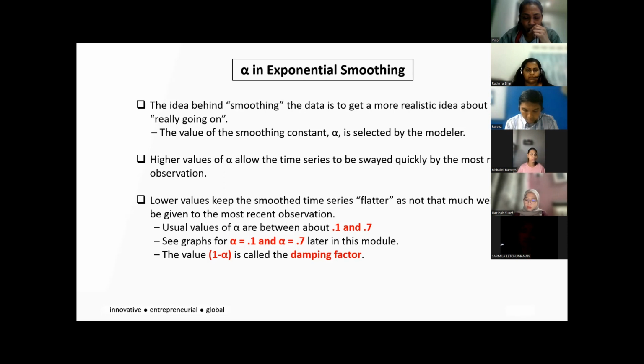Usual values of alpha are between about 0.1 and 0.7. Then we will see the graph for alpha equals 0.1 and alpha equals 0.7 later in this module. The value of 1 minus alpha is called the damping factor.